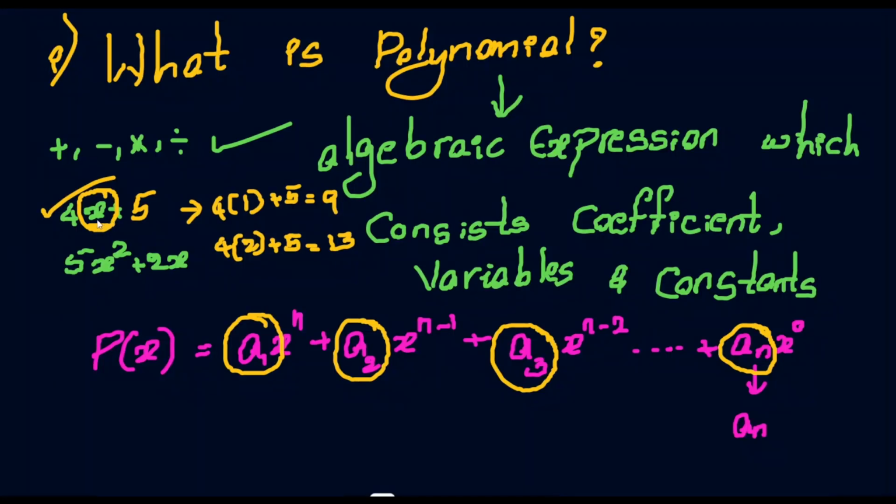So here, what is the variable? Here x is the variable. If I substitute 1 in the place of x, the whole expression's value changes. If I substitute 2, it again gives some other value. What is changing here is nothing but x. So x is known as the variable, right?